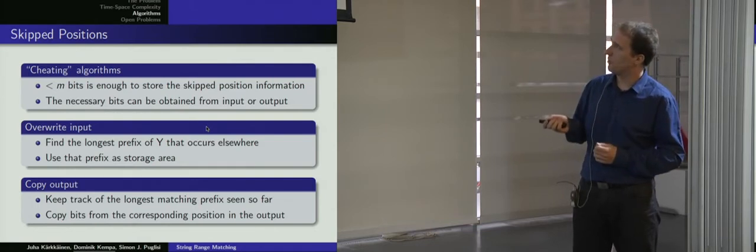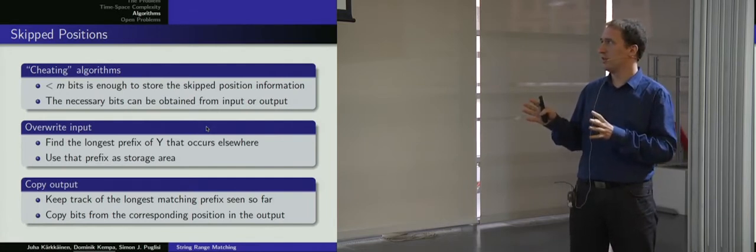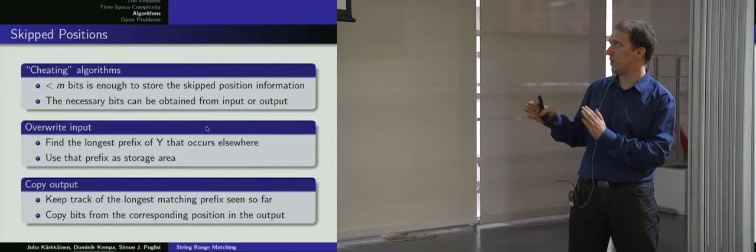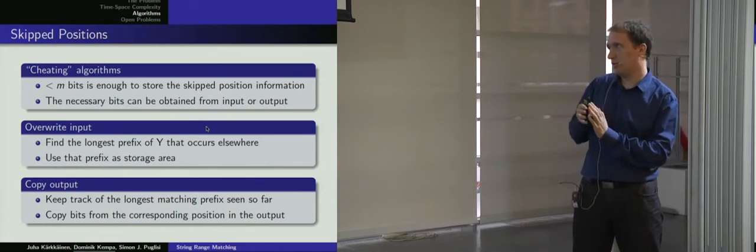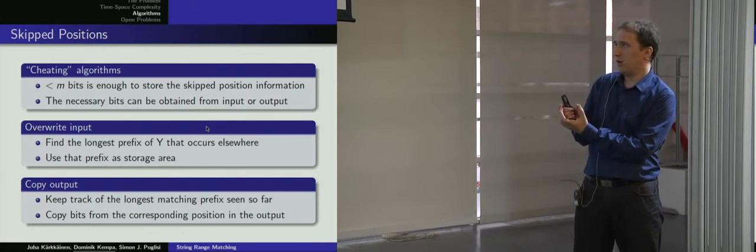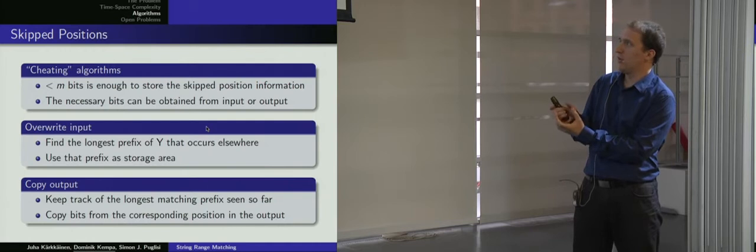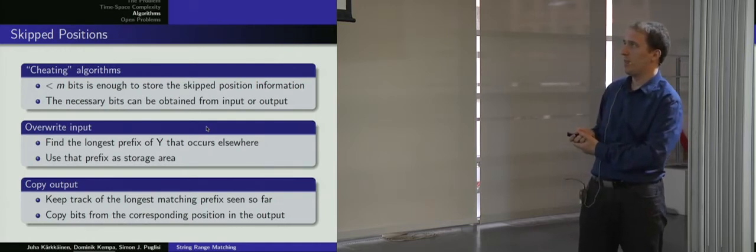The second algorithm creates the bits in the output, in some sense. During the algorithm, we keep track of the longest matching prefix seen so far. Whenever we have to do a shift, we copy the information about the skipped suffixes from the output. So we copy those bits, telling us which suffixes are smaller.